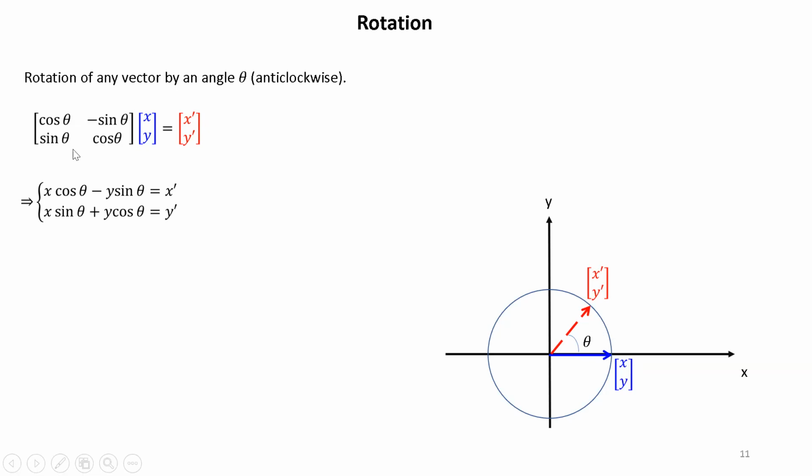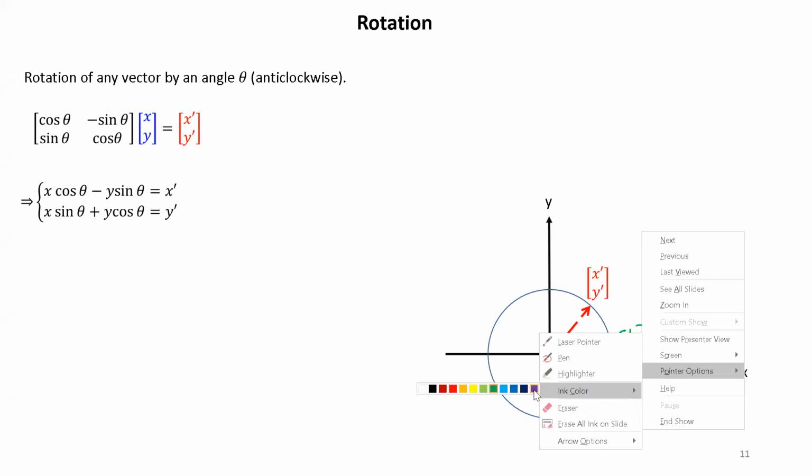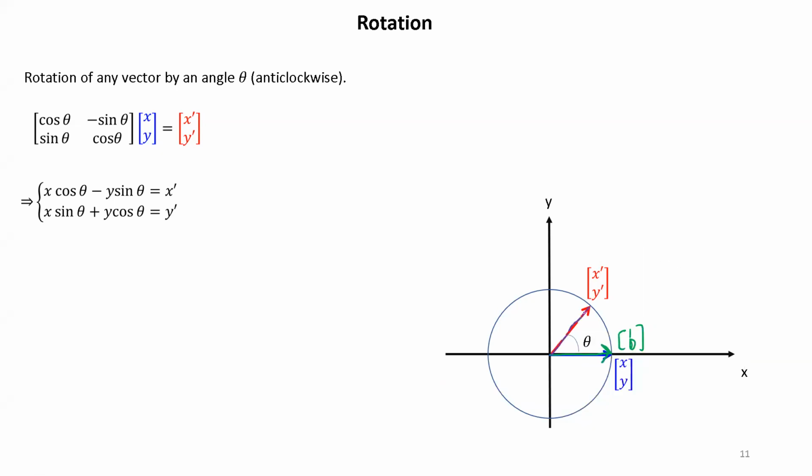So again, how do we find out this transformation matrix? Same thing again. In this picture, this blue vector already looks like 1, 0. Let me just call this 1, 0. So you want to rotate this 1, 0, and then you will have this vector here.